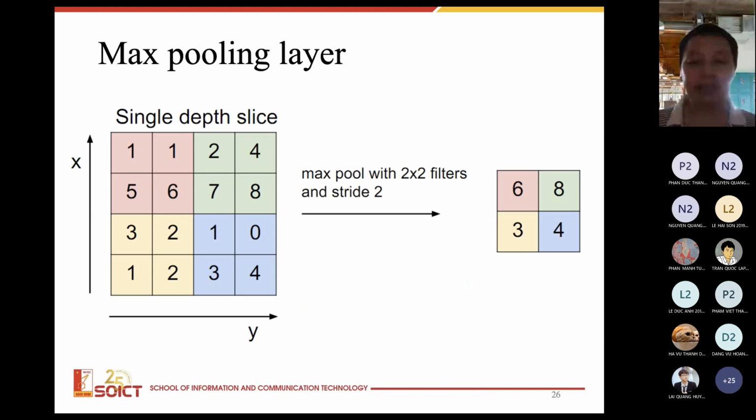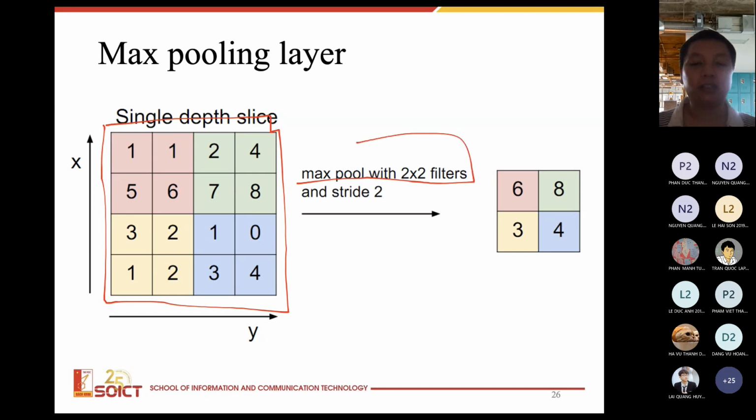Let me give you an example of a max pooling layer. Assume that we have a single depth slice of an image, and it has the size 4 by 4. Now we do the max pooling with a 2 by 2 filter and stride equal to 2, and then this is the output.